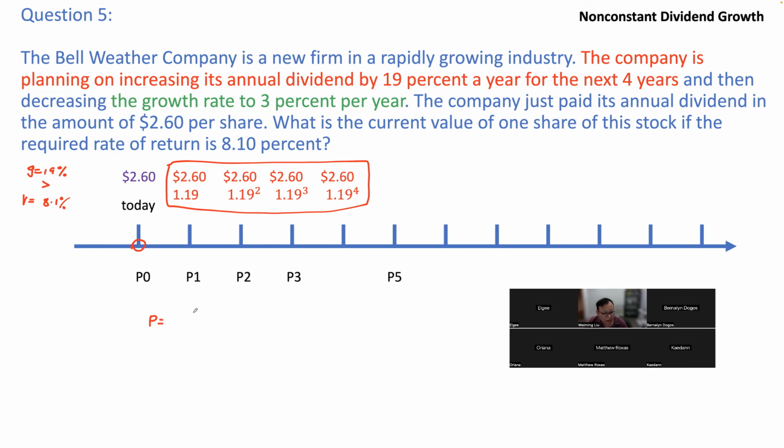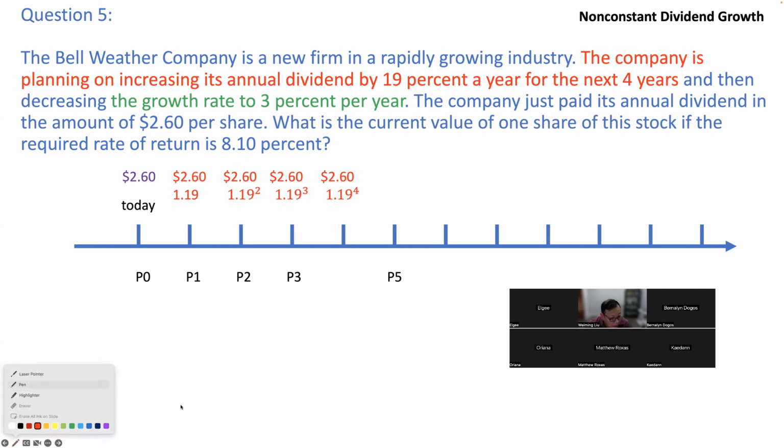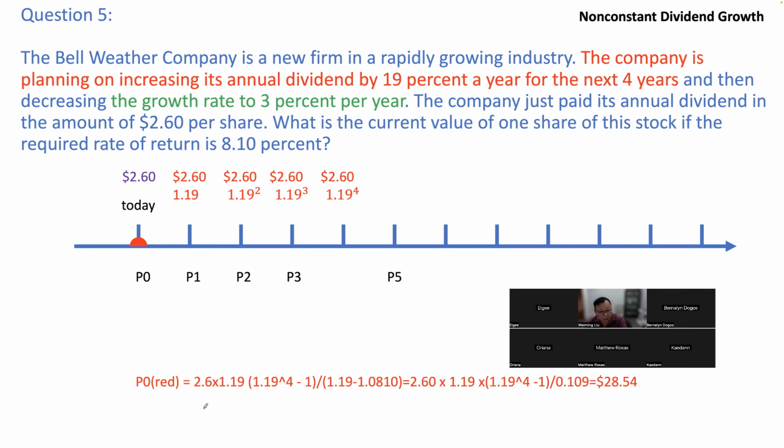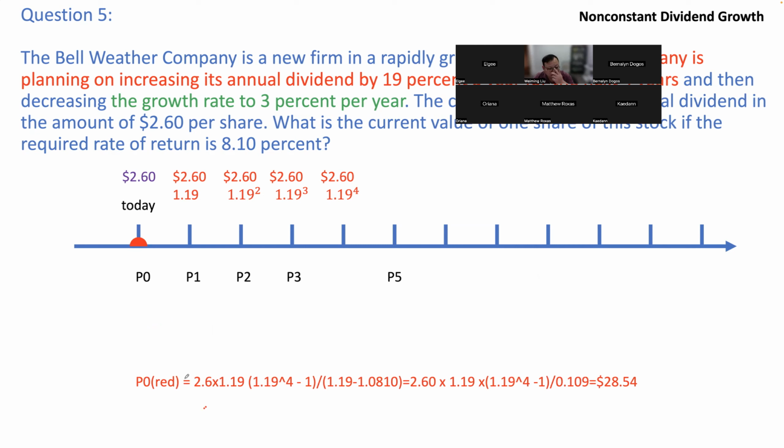this one, 2.6, and then here 1.1. Just give me a second. Sorry. So the formula for this one is like this.